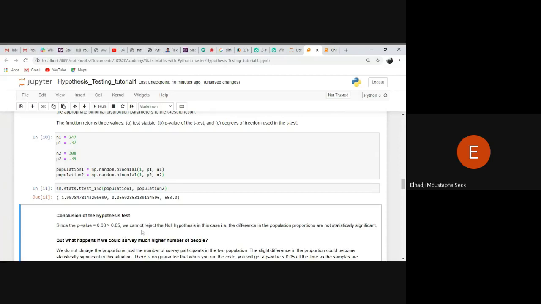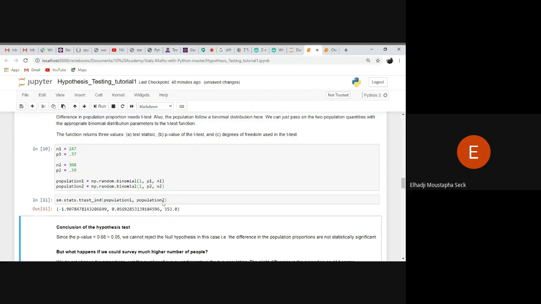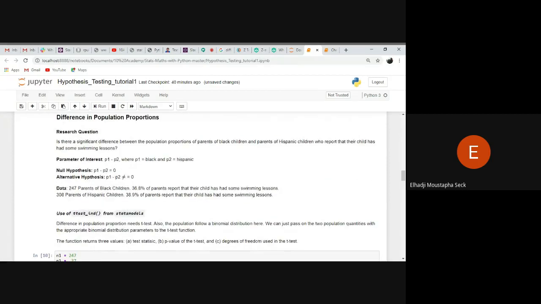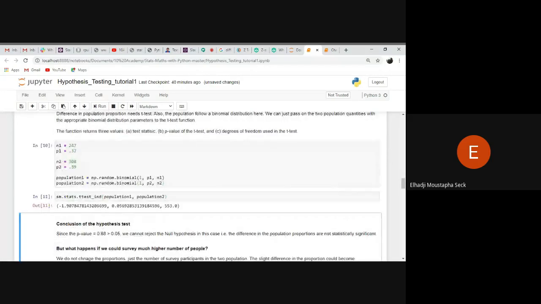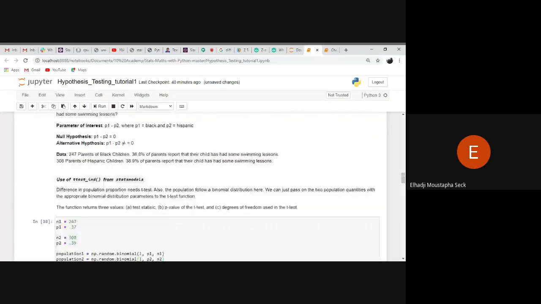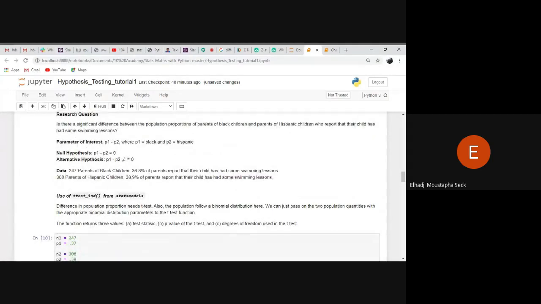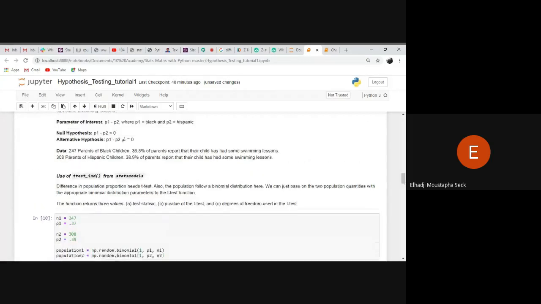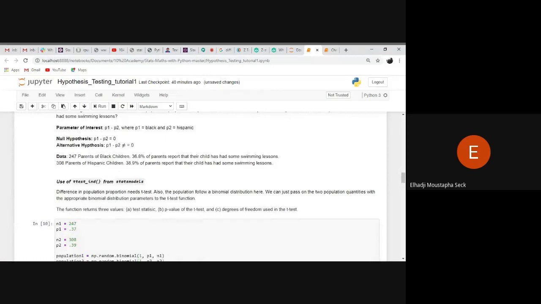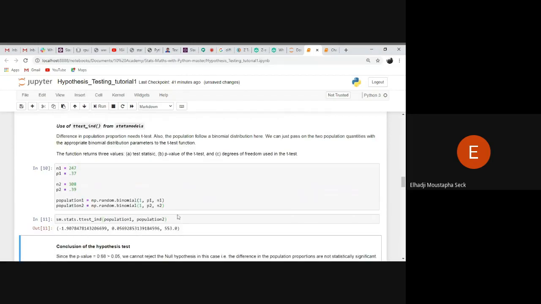So here we cannot reject the null hypothesis, meaning the population proportions are not statistically significantly different. So we accept the null hypothesis saying that the two population proportions are the same. You can see from here that the two proportions are a bit different, they're not really equal. But when we conduct a hypothesis test, it says that statistically the two proportions are equal.